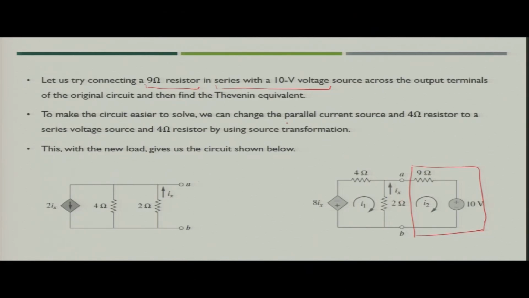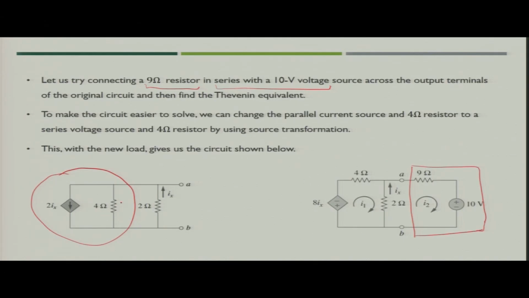You will simply look at the circuit. In this particular segment, you will see that one current source is in parallel with one 4 ohm resistance, right. So, what you can do?